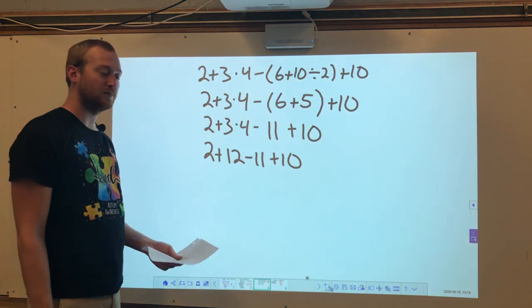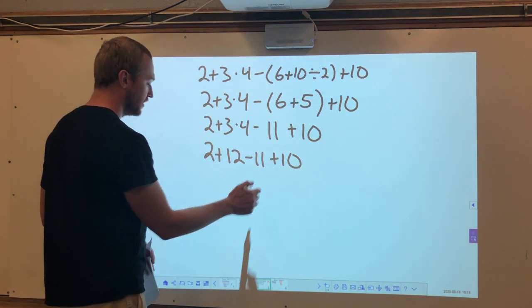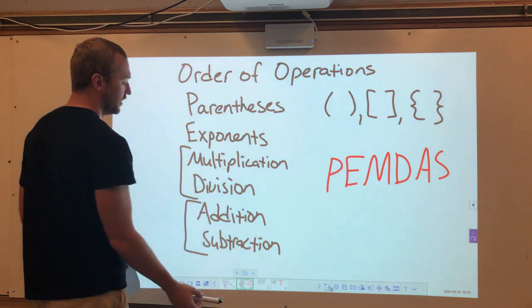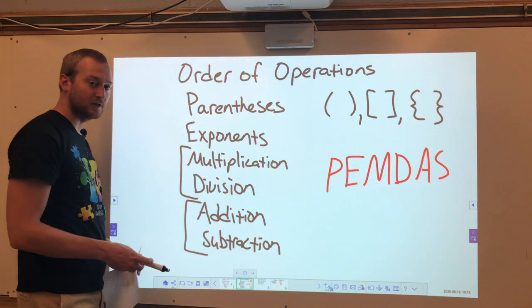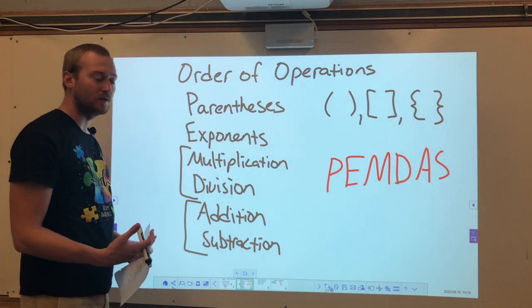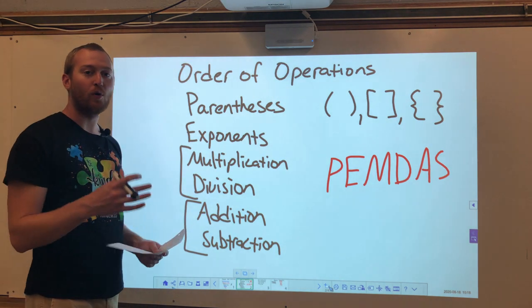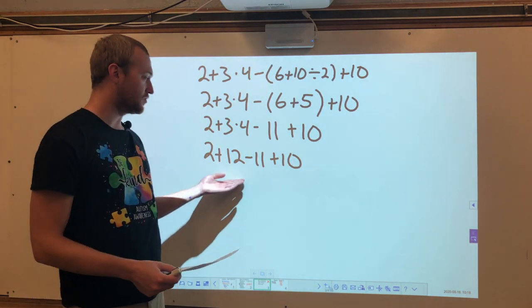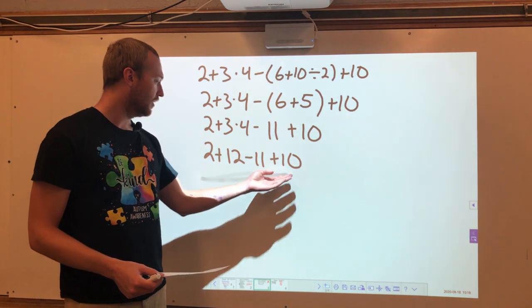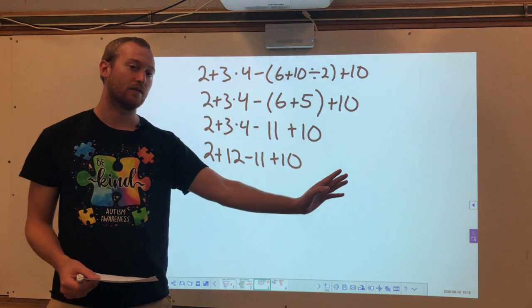Okay, looking at our expression at this point, notice how we just have addition and subtraction operations. From our last slide, we talked about how addition and subtraction are on the same level. One's not more important than the other. And what that means is, if you have a problem that's just addition and subtraction at the end there, just go from left to right.